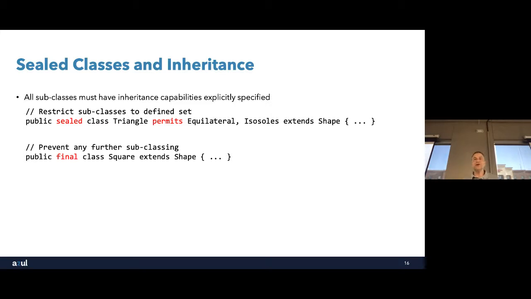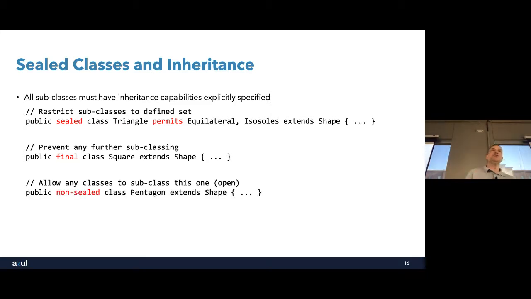And then the third thing that we can do is to effectively unseal that class. And we can tell the compiler that in this case, pentagon is no longer going to be sealed and anybody can inherit from it. Again, this is one of those things where we see this hyphenated keyword. You can't believe the amount of discussion that went on about whether Java should use hyphenated keywords. But the decision was that yes, we should, because in improving the language over time, it gives us the option to have more possibilities for keywords there.